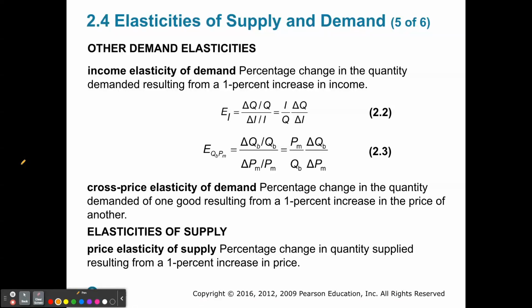Another way of seeing this would be percentage change in quantity demanded over percentage change in income. When I change this, let's say by 10%, do people buy more used cars, meaning more expensive or newer cars, or do they not buy my used car because they're buying a new car instead?